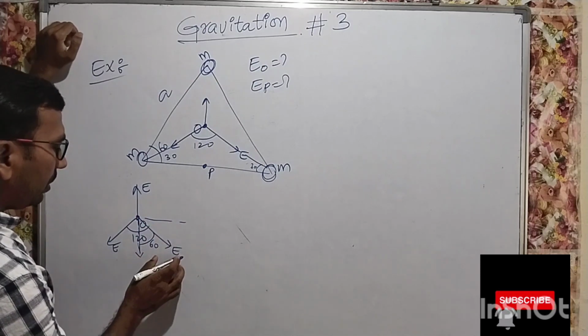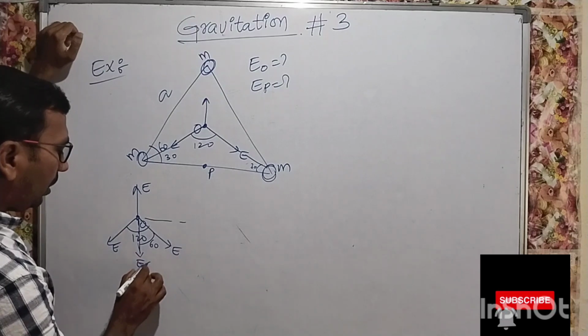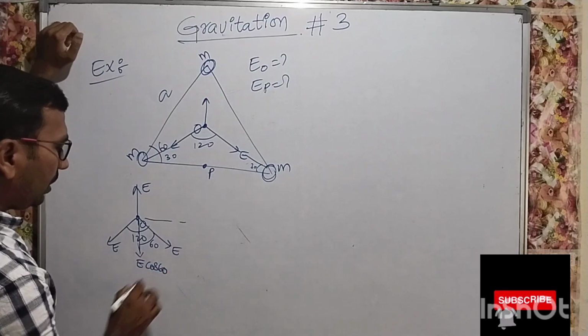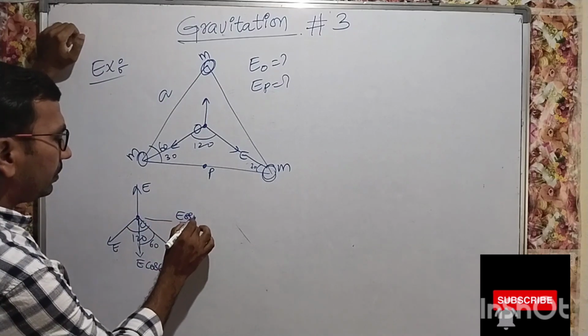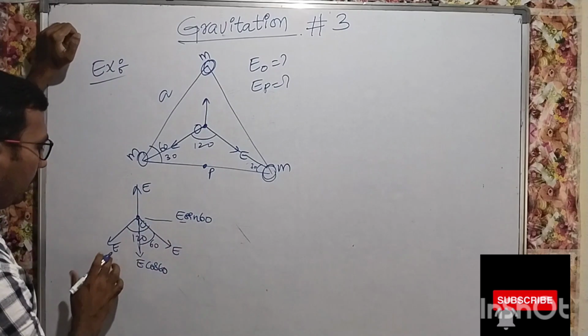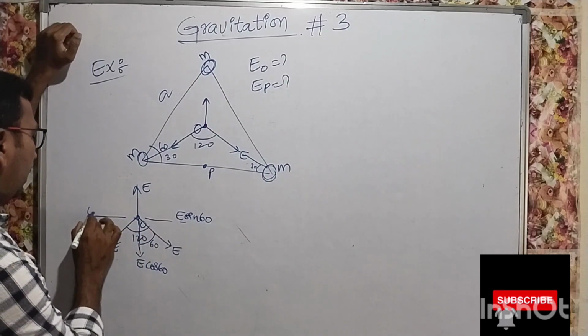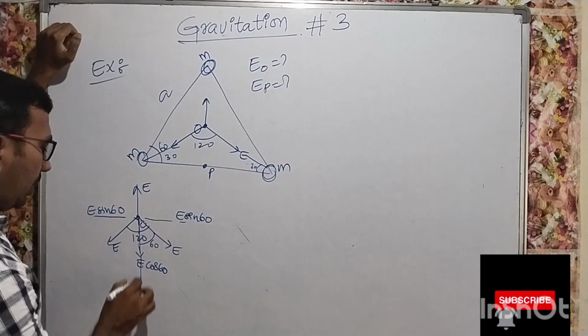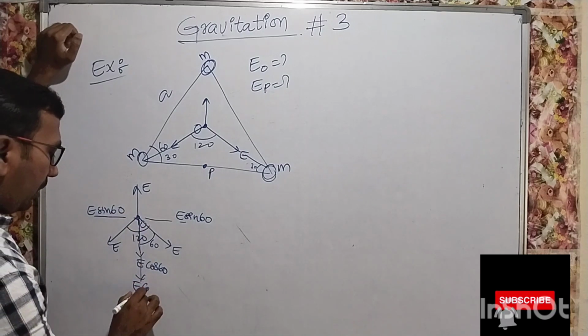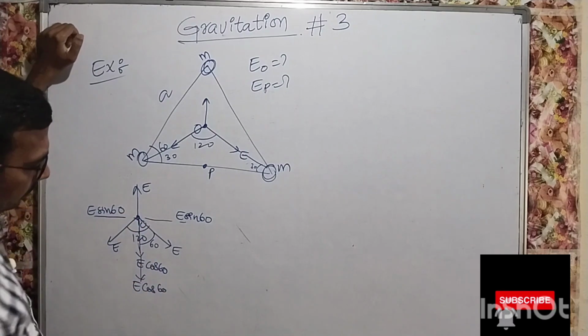Along the vertical the component is E cos 60, along the horizontal E sin 60. Due to this also the same: E sin 60, and one more here, E cos 60.